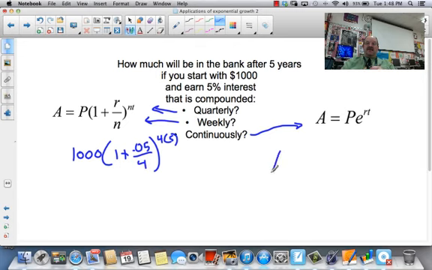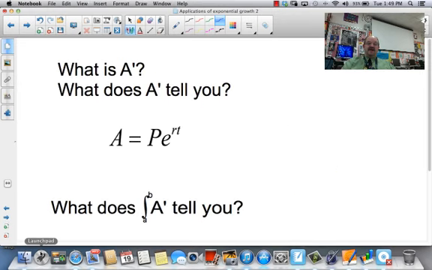On the other side, we're going to get 1,000 e to the 0.05 times 5, because it's 5 years. And so you can do the comparisons between these, and you see that you get a little bit more money here. With $1,000, it may not be significant, but with tens of thousands or millions of dollars, it would make a difference.